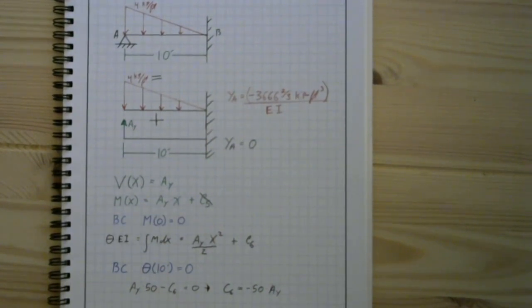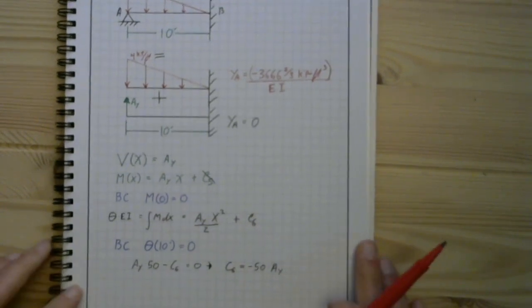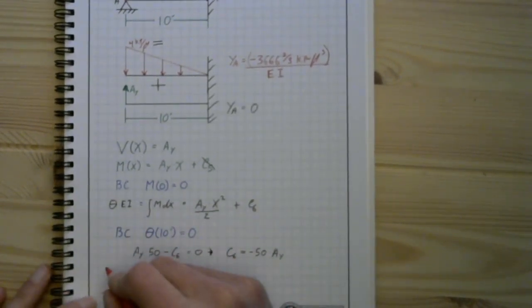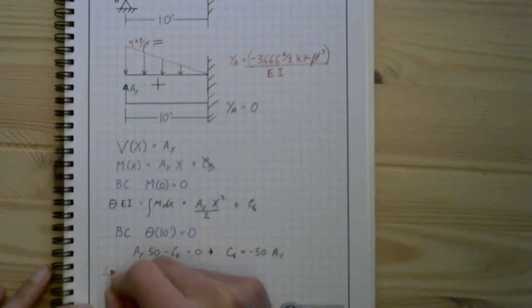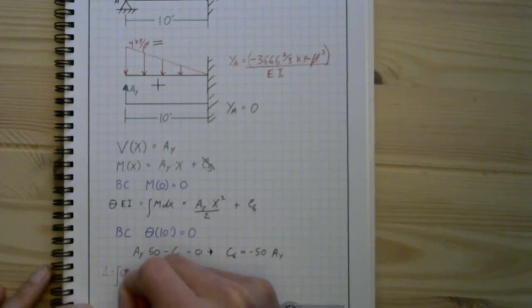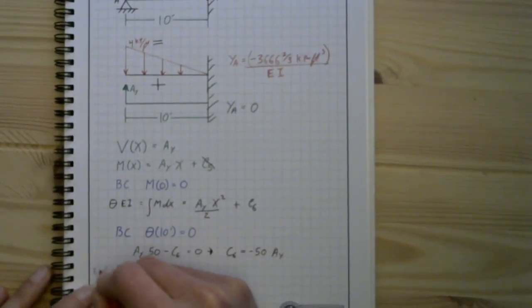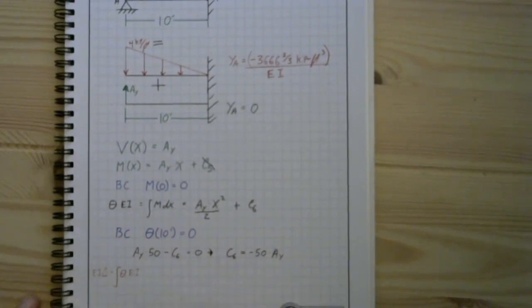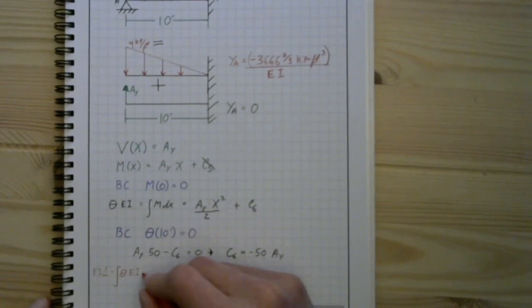And now we have our deflection equation. So the deflection is going to be the integral of this. Keep multiplying everything by the Young's modulus and the second moment of inertia. No reason not to do that.